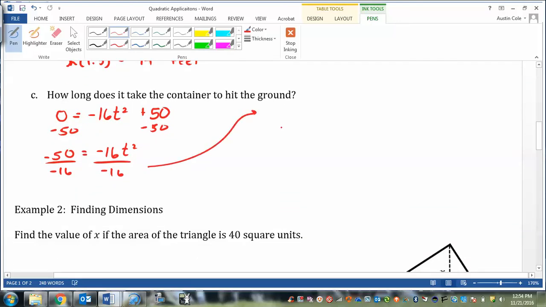Now I'll work up here, so I'll get t squared equals, what's negative 50 divided by negative 16? 3.125. Now to solve for t there, I'm going to square root both sides. So t is going to equal the square root of 3.125.